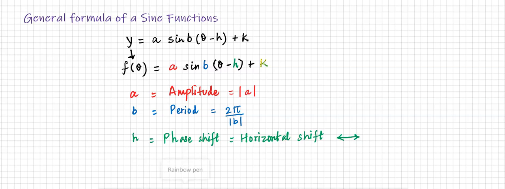In the same way, k here is vertical shift. That means how much the function will shift up or down, how much the graph will shift up or down. So these are the meanings of the variables and what they indicate in a general formula of a sine function. Now we'll take an example to understand that, and then we'll go on to the graphing.